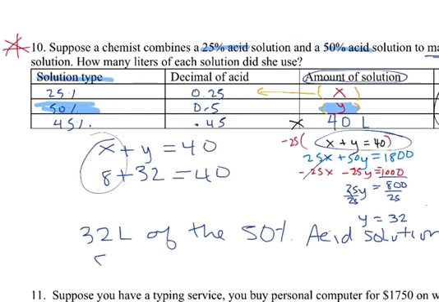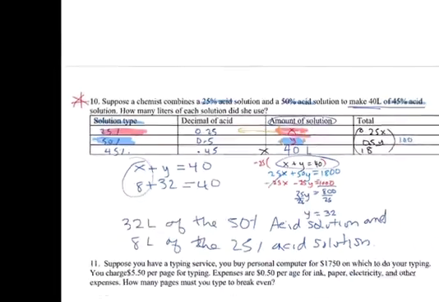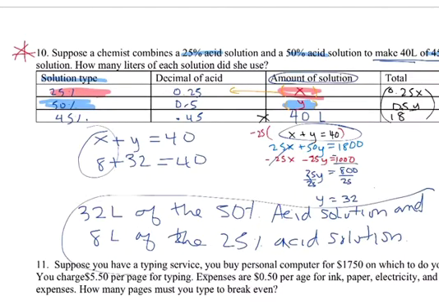And 8 liters of x, if you go back, x is the 25% acid solution, to make 40 liters of the 45% solution that she wanted. Okay? That's how you do that.